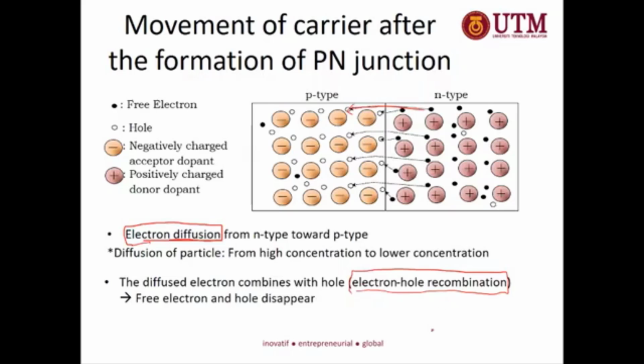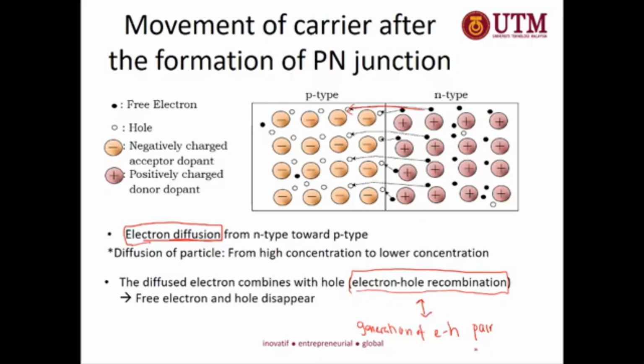Electron-hole recombination is the reverse process of the generation of an electron-hole pair. The generation of an electron-hole pair is by releasing the electron and producing a hole vacancy.